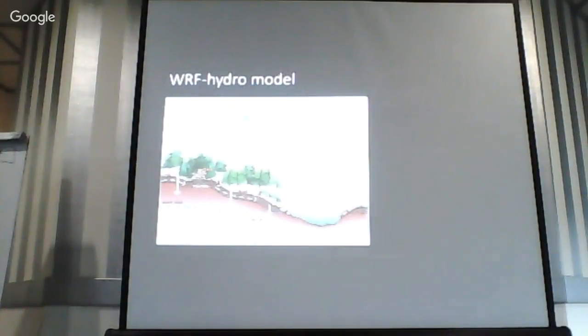So the WRF-Hydro model, as Dr. Gochis has given us a very good introduction to the WRF-Hydro system. We know that in the history of hydrological model development, we have had black box models, basically statistical regression. Then we had conceptual models called gray box.